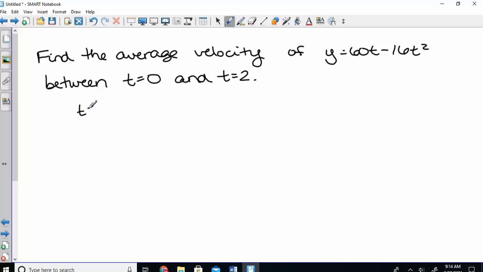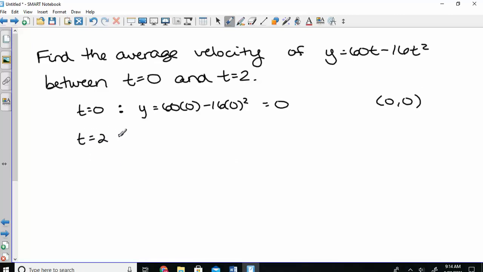These t's are my x values. We need to get our y's. So at 0, we get 0. So that's my first point, 0, 0. When t equals 2, we plug in that 2. We get 120 minus 2 squared, which is 4, times 16 is 64.